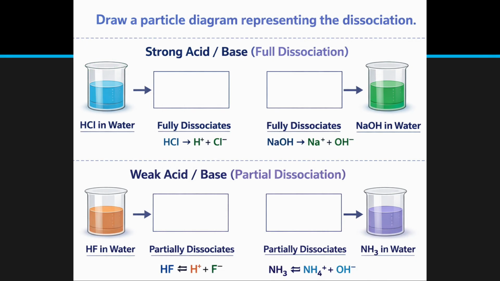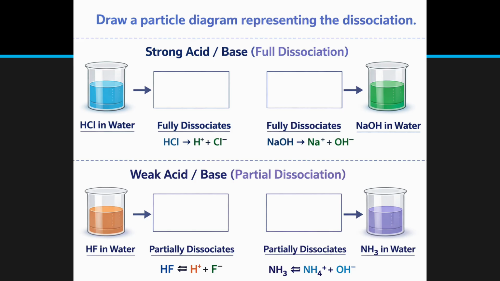All right, so now what I want us to do is to visualize what this actually looks like at the particle level. So remember, for strong acids and bases, everything dissociates. So when you are drawing at the particle level, you should only see ions in solution and no molecule should be left intact. So let's go ahead and start with HCl.